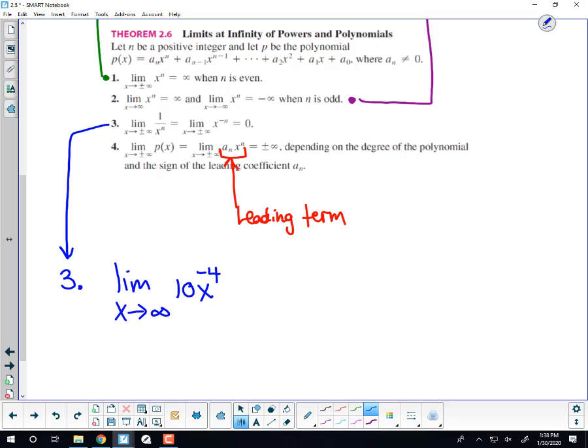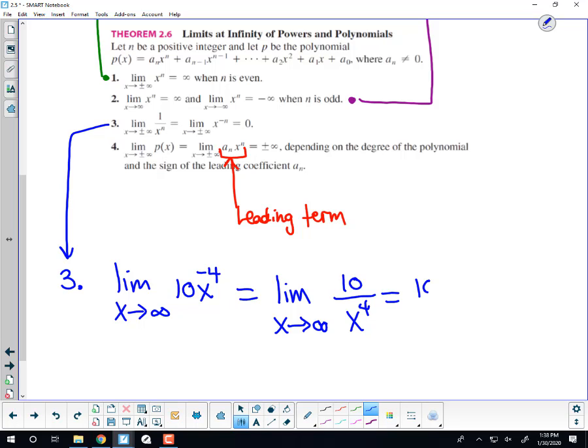Polynomials have to have positive powers. So if it's helpful, in terms of positive powers, that's the same thing as 10 over x to the 4th. Numerator is fixed at 10, denominator is getting larger and larger, so the quotient gets smaller and smaller.